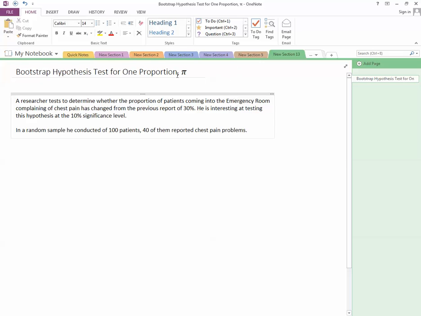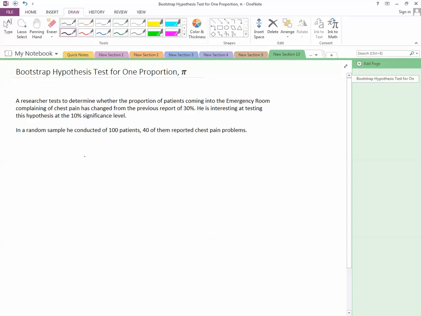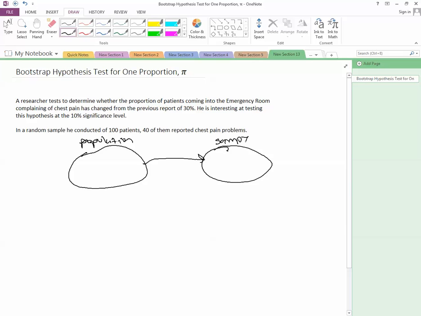Okay, so first of all, notice that there's nothing about means. There's actually no raw data or measurements collected, like heart rates or anything like that. So in this case, I'm just going to draw out our population, our sample, the idea of what exactly we're doing here. We're drawing from a population, creating a sample, and calculating a proportion.